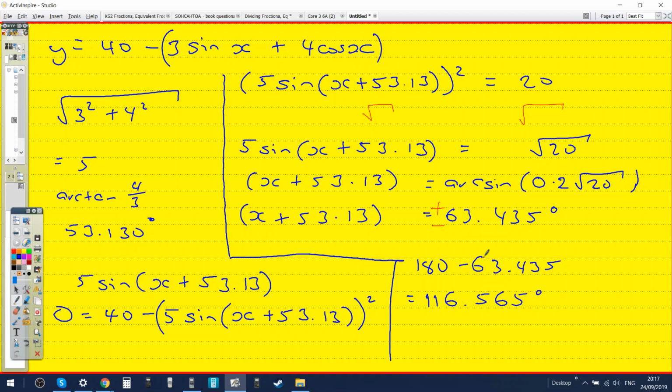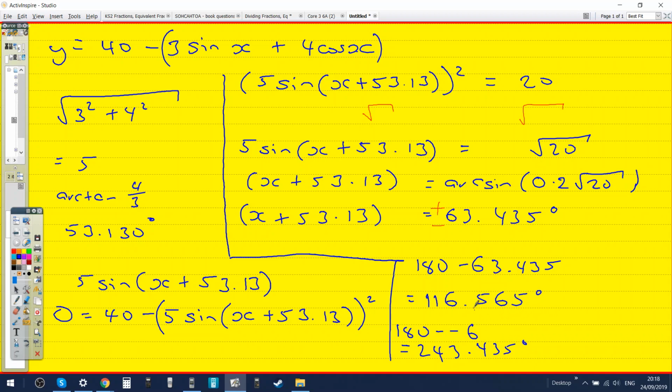Now do the same thing with the minus answer. I got confused because I led myself to believe that the minus 53.13 was finding one again, but no. So that's plus, and that's 243.435. So now you've got your answers.